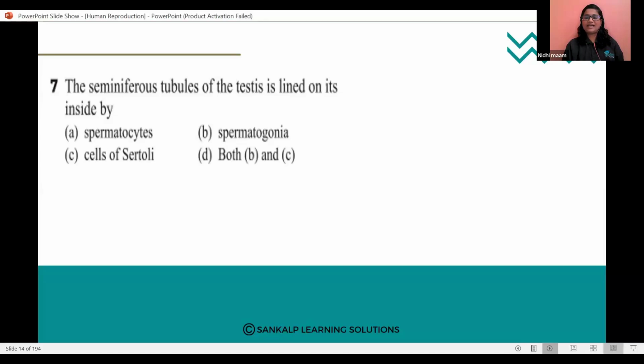So the right answer: the seminiferous tubules will be lined by spermatocytes, or we can also call them sperm mother cells, or microspore mother cells. Then spermatogonia. So, sorry, cells of Sertoli.